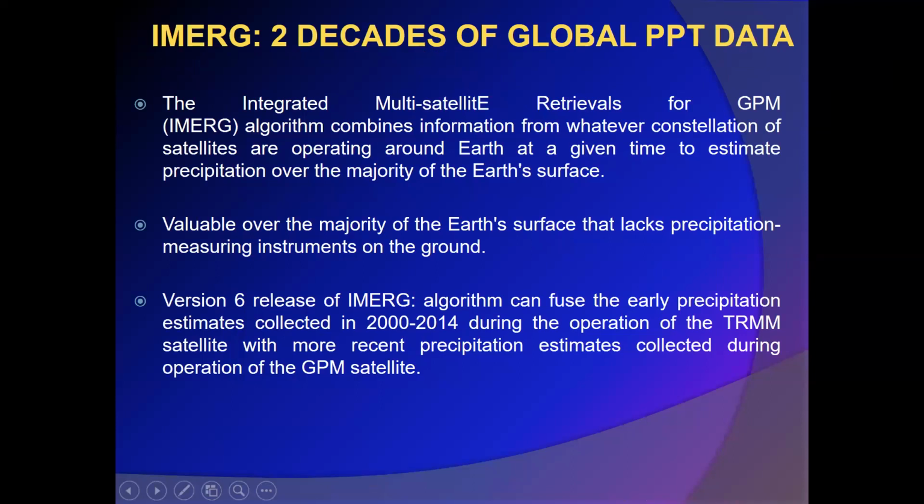Another example of a global precipitation data set is the IMERG data set. Also about 20 years of data available. The IMERG algorithm combines information from a constellation of satellites operating in the Earth at any given time for precipitation estimation over the Earth's surface.